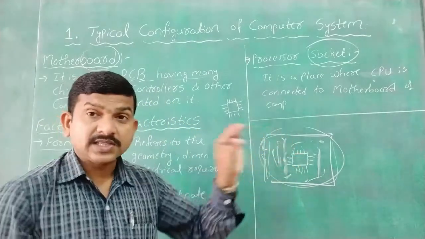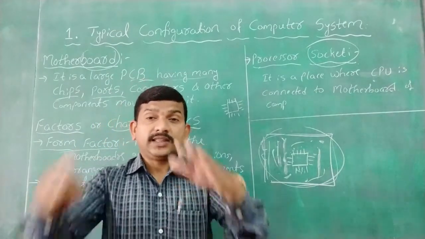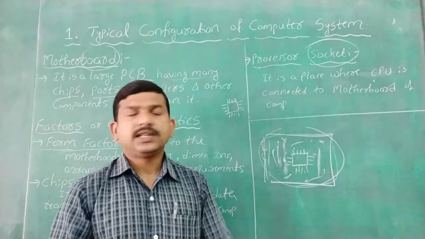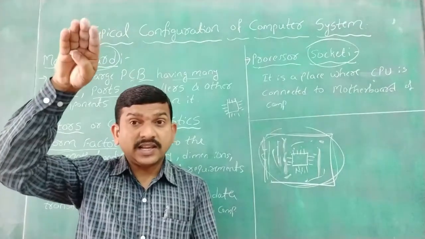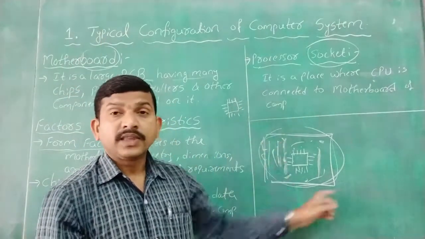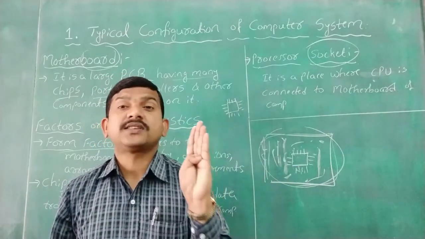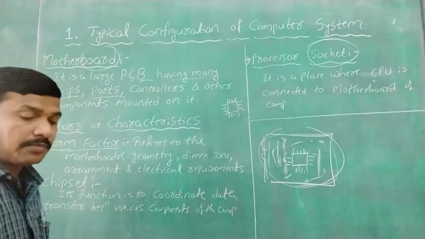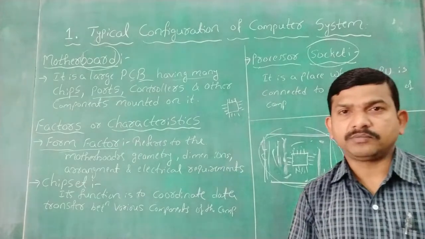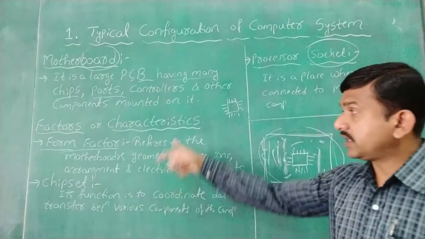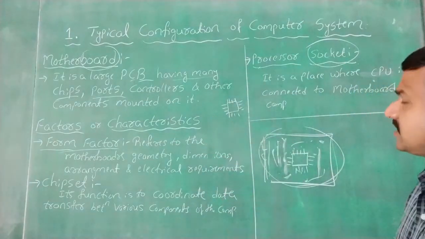The CPU means one processor. In first year, I said that entire box is a CPU. That entire box is not a CPU, but generally we call it a CPU. That box contains one board, and that board contains the CPU. So the CPU is the one processor. Is it clear? So this is some basic introduction about the motherboard and its characteristics. There are three important characteristics of a motherboard.